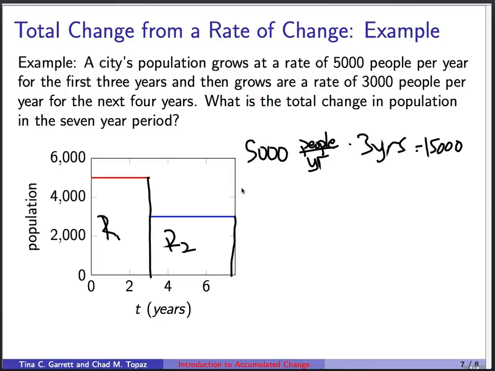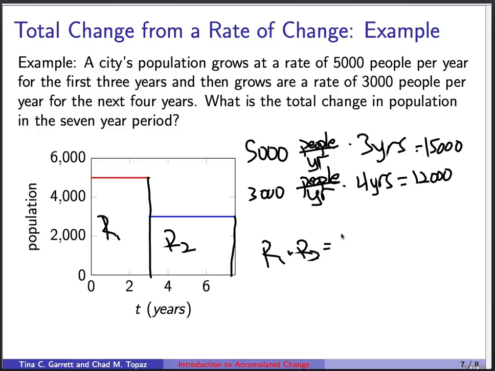And then for the second rectangle, we're going to have 3,000 people per year for a total of 4 years. And so that's equal to 12,000 people. So if we add up R1 and R2, that's 27,000 people. So the answer is that the total change in population is 27,000 people. And what's crucial, again, for you to understand is we got a total change in population by accumulating the rate of the population.